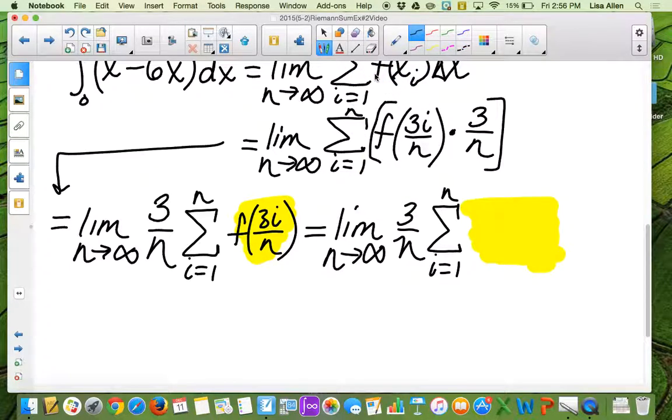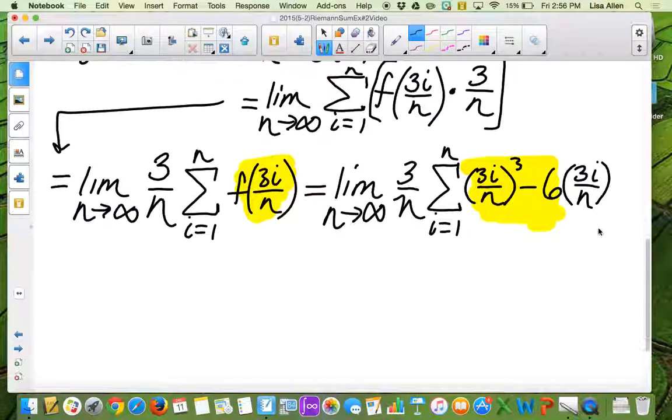Remember, it's x cubed minus 6 times x, so that'll be 3i over n inputted for x.